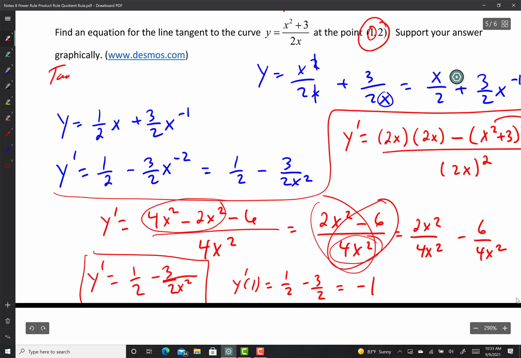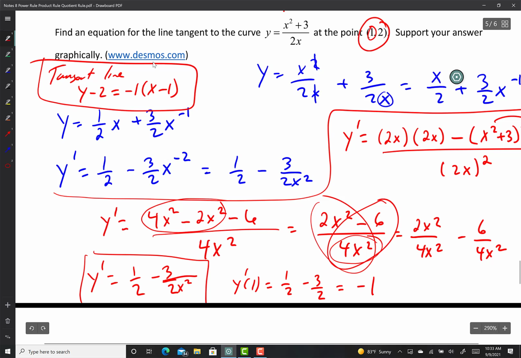Tangent line, y minus 2 equals negative 1, parenthesis, x minus 1. Yeah, I could have distributed it, but I'm not going to. How do you feel? I'm going to go to Desmos because I want to see this graph.